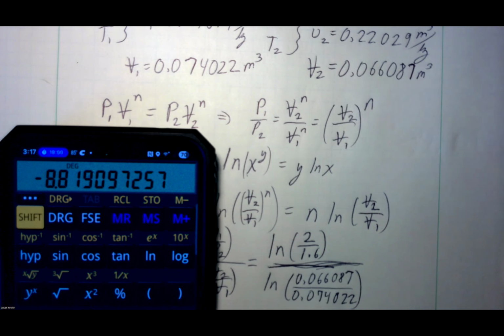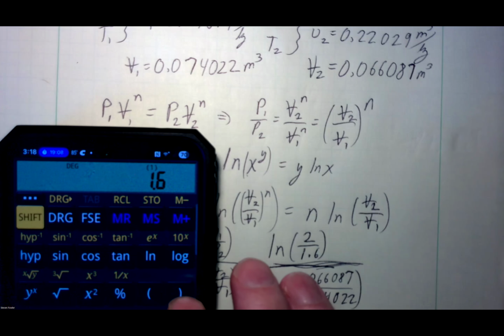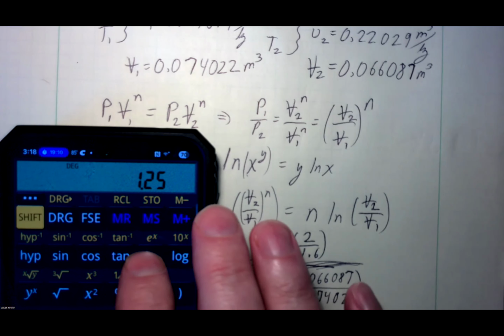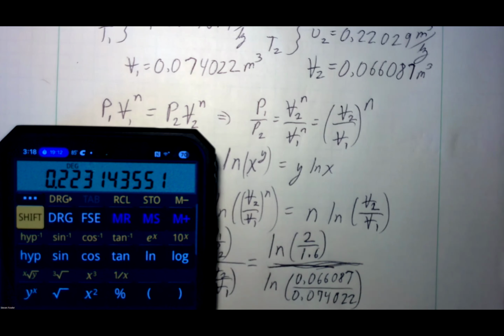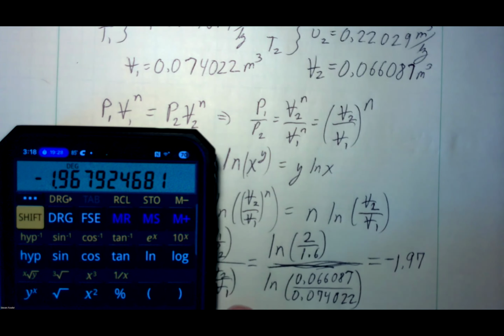Now I'm going to multiply that number by, in parentheses, 2 divided by 1.6. I need to take the natural log of this quantity and multiply it by the value I've got stored in the calculator there. And I'm getting about a minus 1.9, we'll say 1.97. Okay.